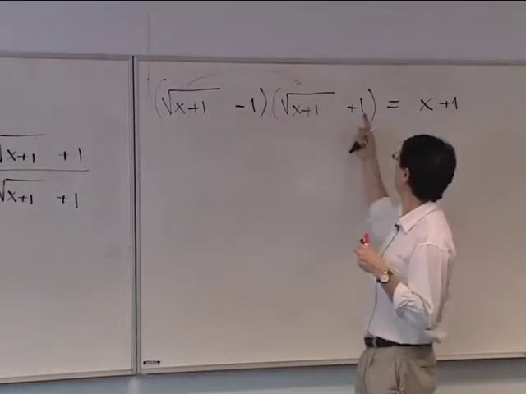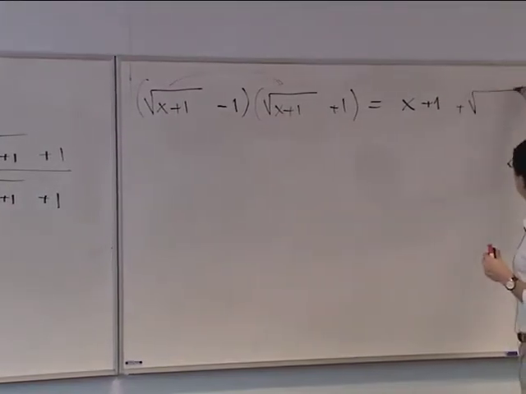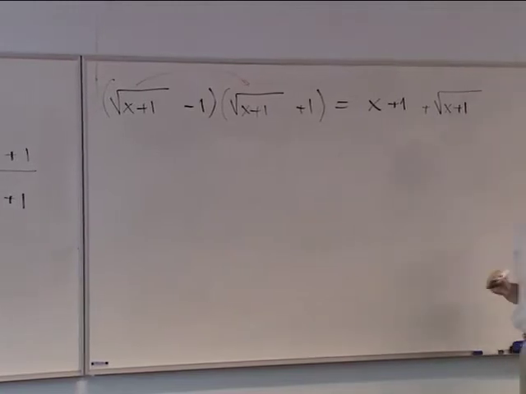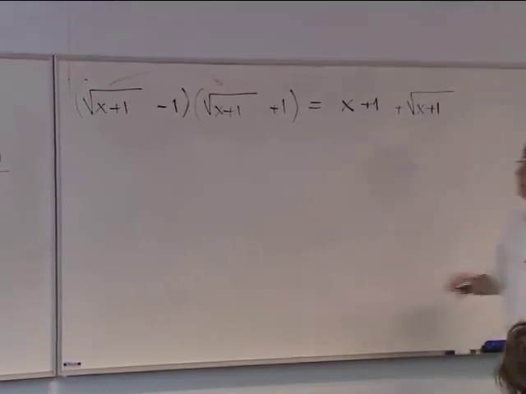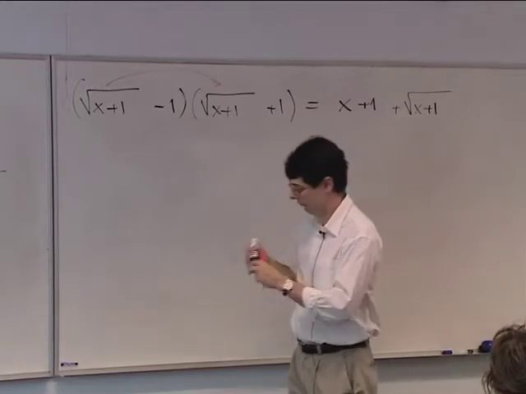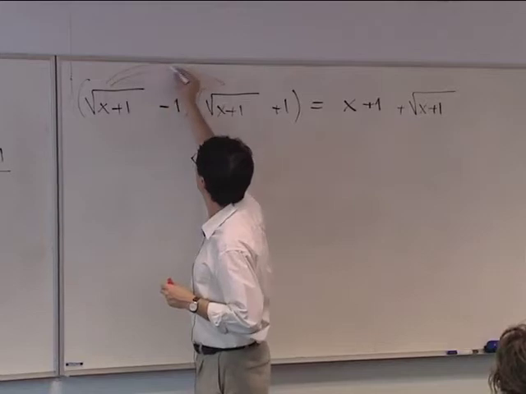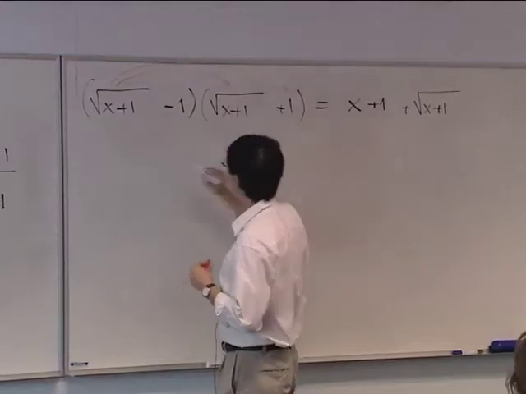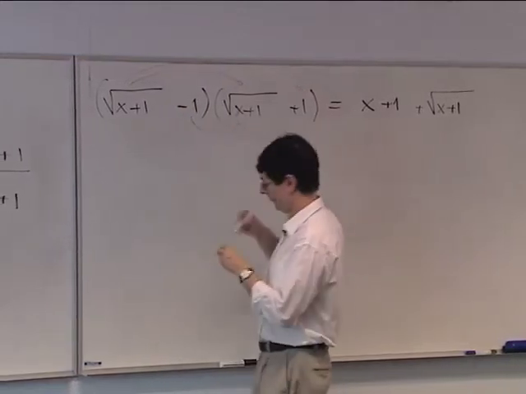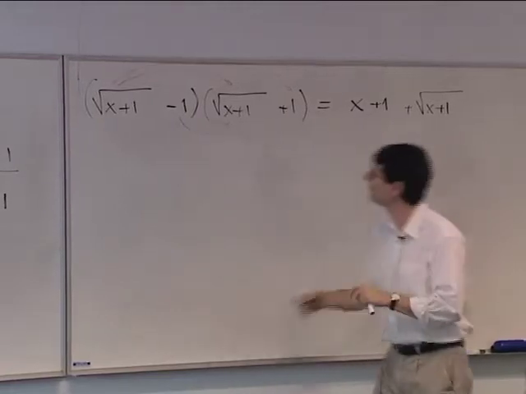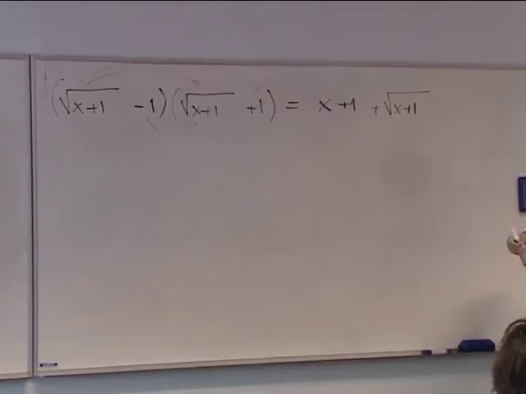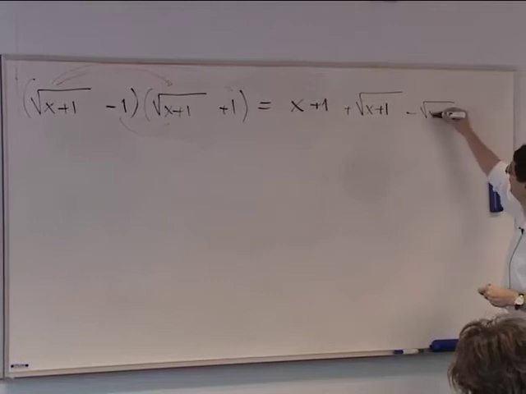This multiplied by 1 is this. So I've done those. Now I'm going to do this, which will give me that.